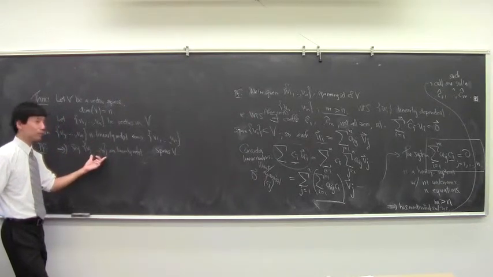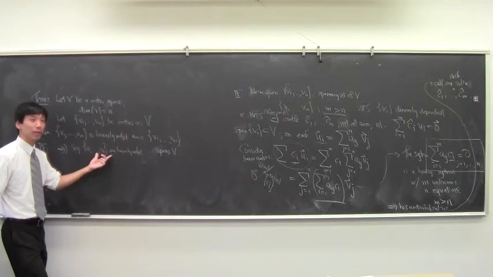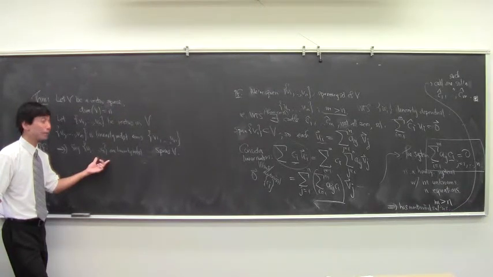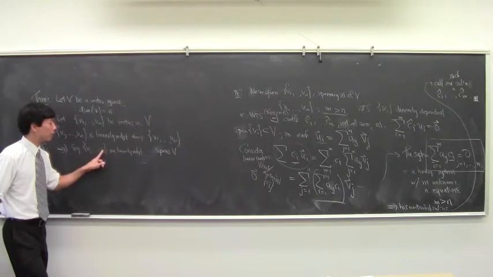So one way you could do it is, for example, suppose it doesn't span V. And then you could go from there if you wanted. Well, if it doesn't span V, then it would have to have more values than n, right?